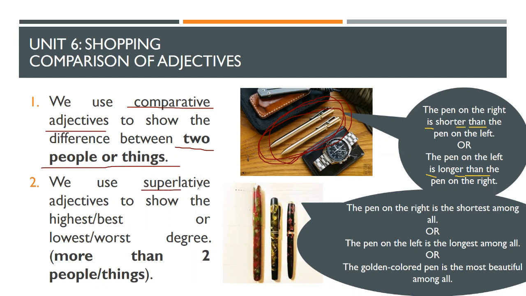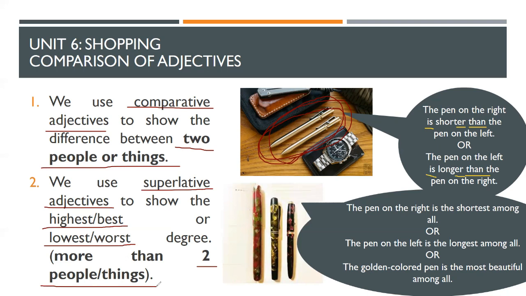Or we use the other one, superlative. You have to know superlative adjectives are used to show the highest or the best or the lowest or the worst degree of some things or someone's. But you have to know that you can use this when you want to compare things which are more than two.